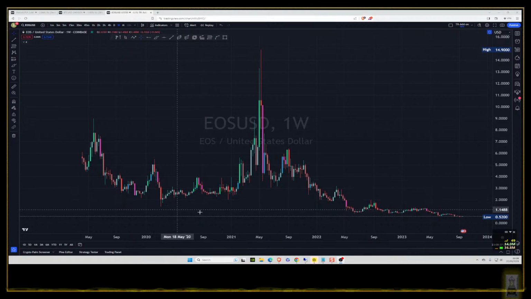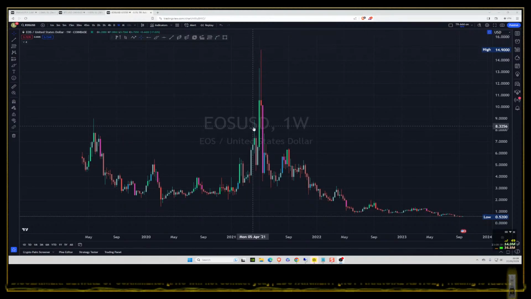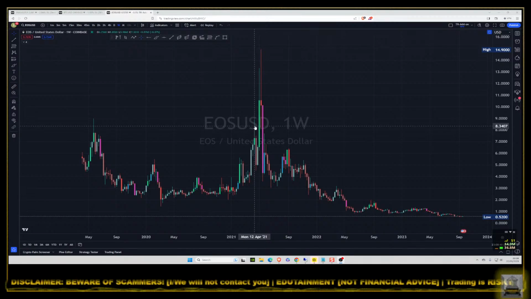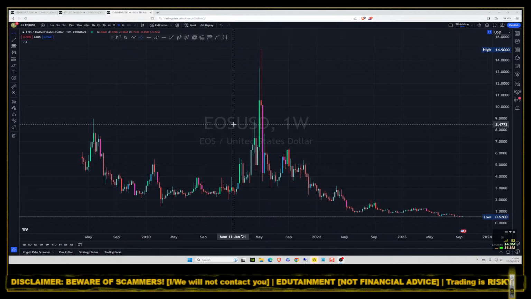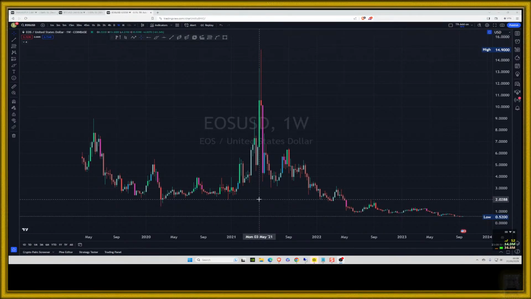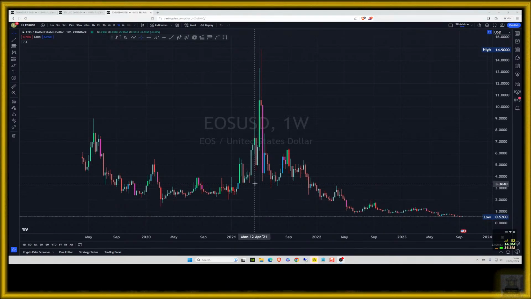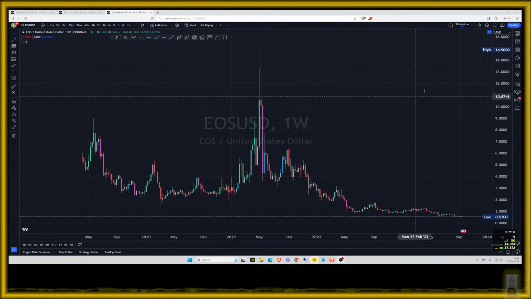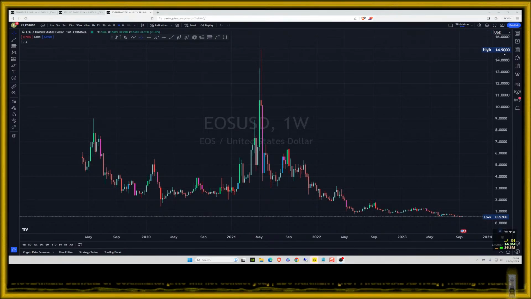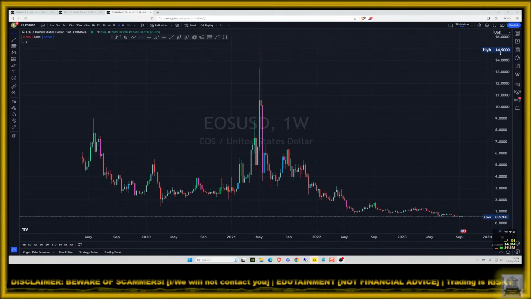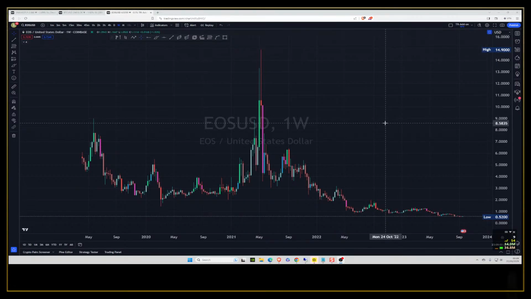This is the EOS token on the EOS blockchain. This is the price action, and this is the all-time high. In some exchanges, it actually went higher than that. You have $14.90. That was what it recorded at all-time high.